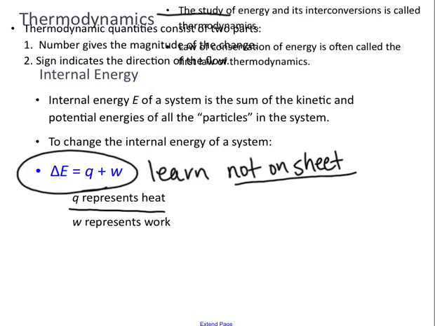Where Q represents heat and W represents work. And we're going to talk about work, reaction and work. We've never done that before, but we're going to talk about it. We know what Q is, it's heat, and we know the signs associated with that, right? Negative, exothermic, positive, endothermic. So let's talk a little bit more about the work part of this reaction.